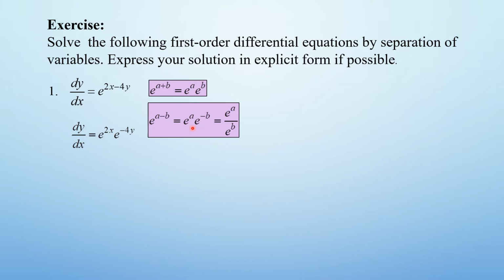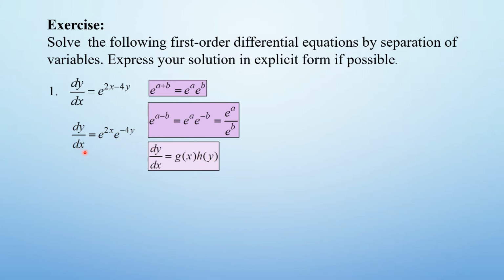Notice that the right-hand side of this equation matches the general form of the separable equation. On the right side of a separable equation should be the product of a function in x with a function in y. So in this case, g of x is e to the power of 2x and h of y is e to the negative 4y.